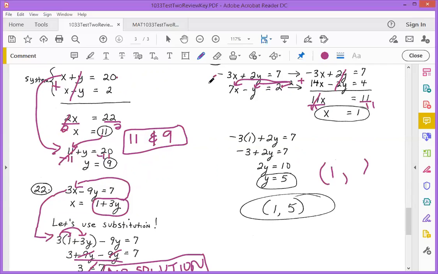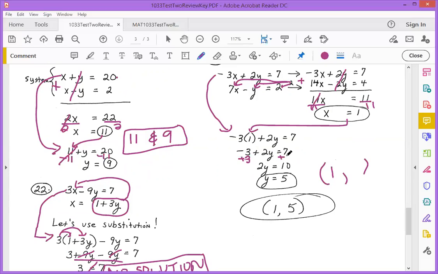So we're going to rewrite this top equation, negative 3x plus 2y equals 7, but we're substituting now 1 for x. So that's negative 3 times 1 gives us negative 3 plus the 2y equals 7. To solve this equation, we're going to add 3 to both sides.